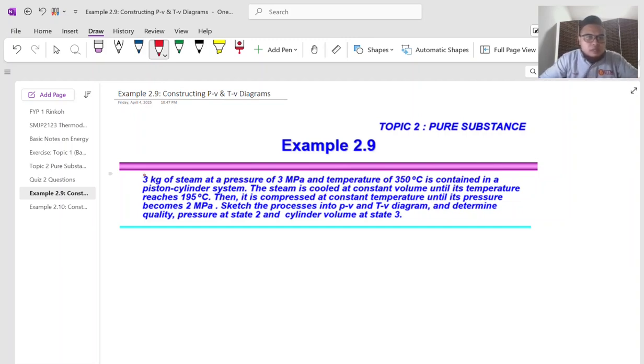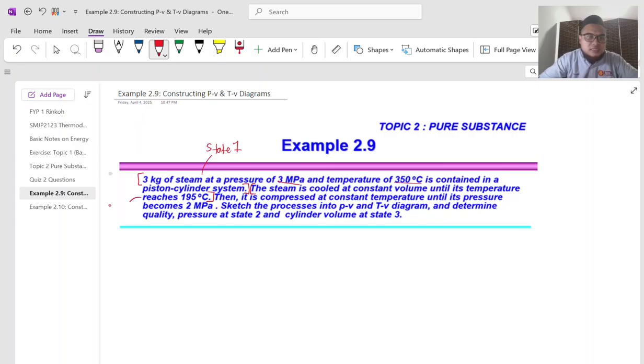Now we have this process operating at 3 megapascals of pressure and 350 degrees Celsius of temperature. This is our first process, so we have state 1. The fluid, which in this case is steam, is cooled at constant volume until its temperature reaches 195 degrees Celsius.